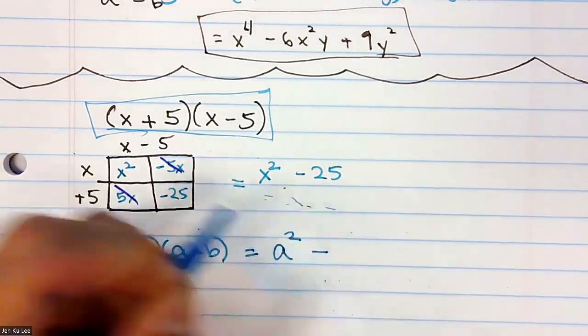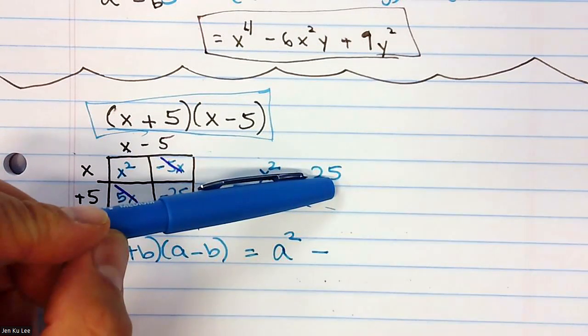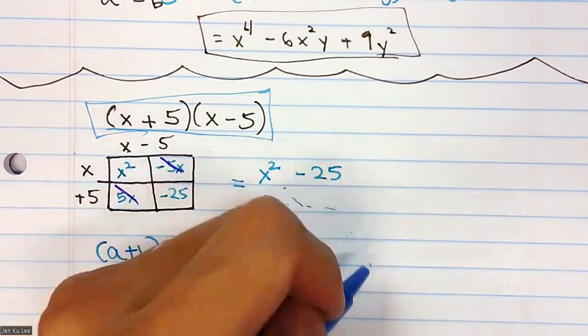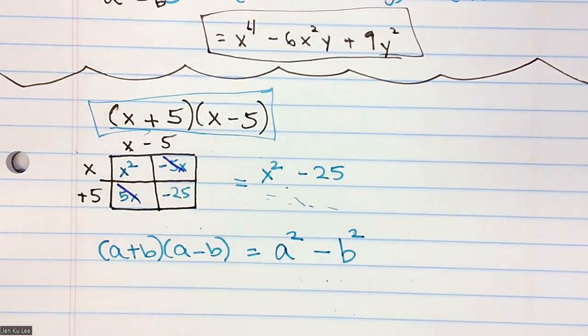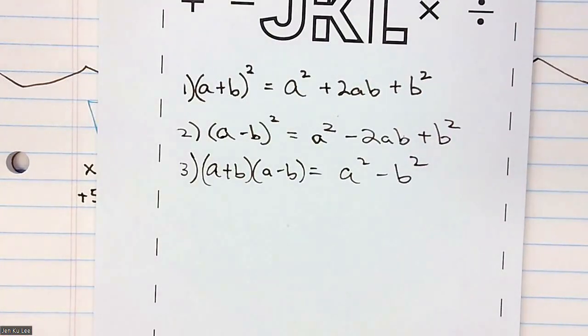Minus. How about the 25? B squared. Yeah. It would just be that. A squared minus b squared. Because those two middle terms cancel out. Okay? So there is my list of special forms.